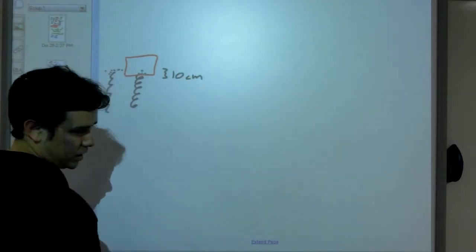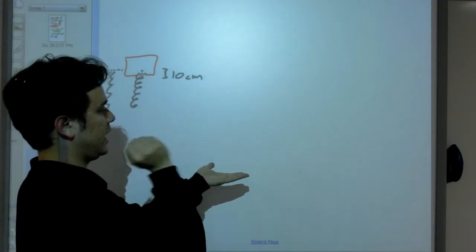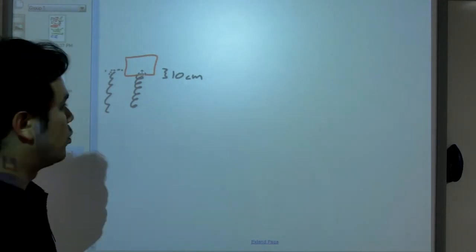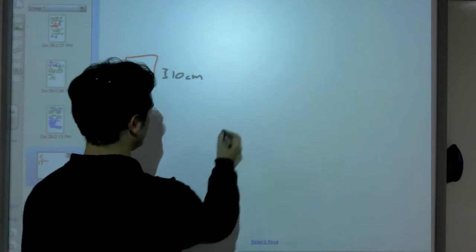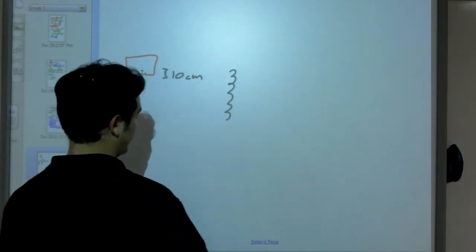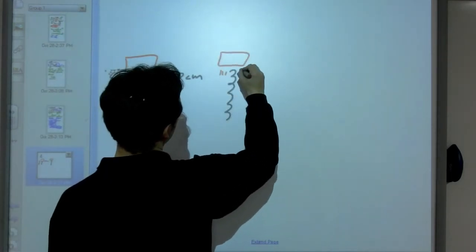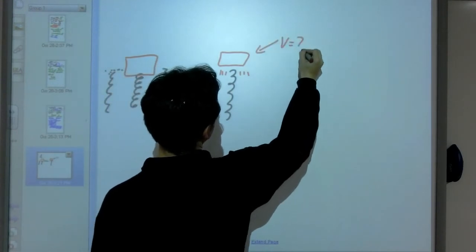Okay? So I take an object, I put it on a spring, I squish it down a little bit, and then I'm going to take my hand off, and the spring is going to launch that guy up. I want to know two things. One, at a position when the spring is at its natural length and the object is beginning to fly off of the spring, what is my velocity at this point?